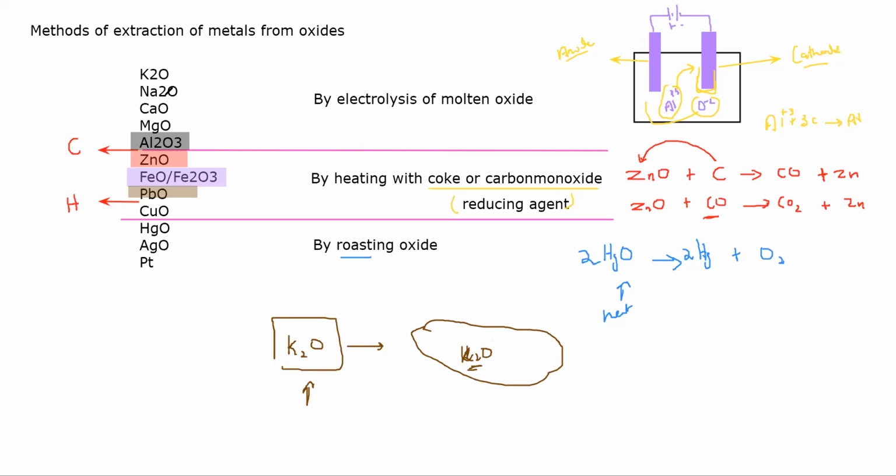Electrolysis can be done for all, because when you pass current through the molten oxides, the metal and oxygen are separated from each other. In your course, you will learn in detail about the extraction of aluminium, zinc, iron, and lead.